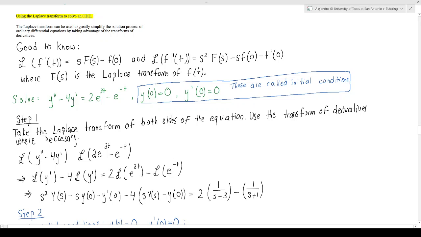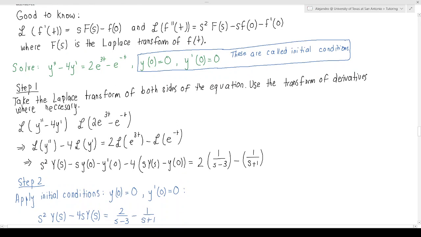The first thing to realize is that we're going to use the formulas for the Laplace transform of the derivative, but instead of f we have y. So y of t is really the same thing as the f of t in our formulas. They're just different letters, but it's the same concept.